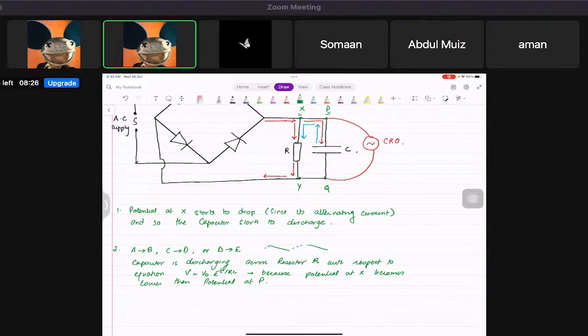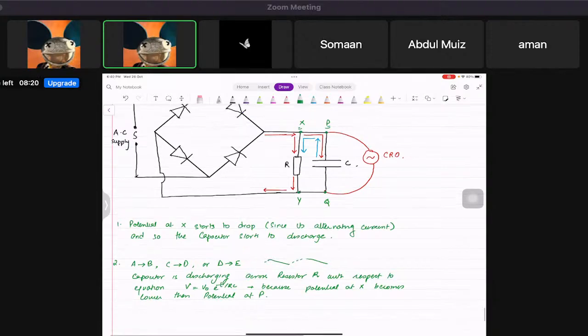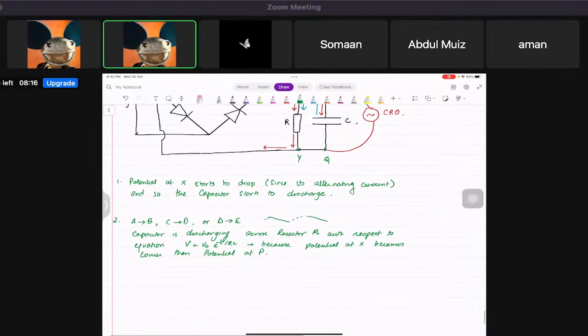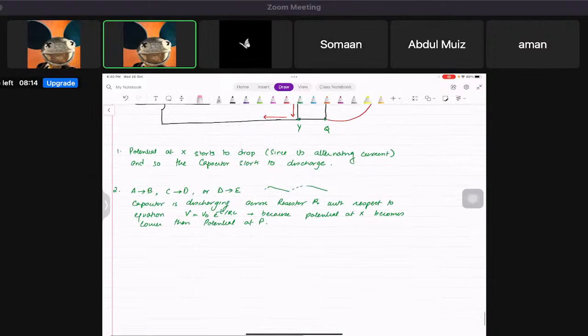All right. Then, if you look from B to C and D to E, that's when it's basically charging and then discharging and charging and then discharging.